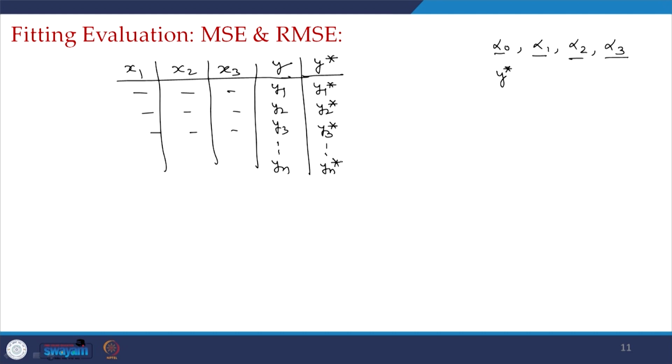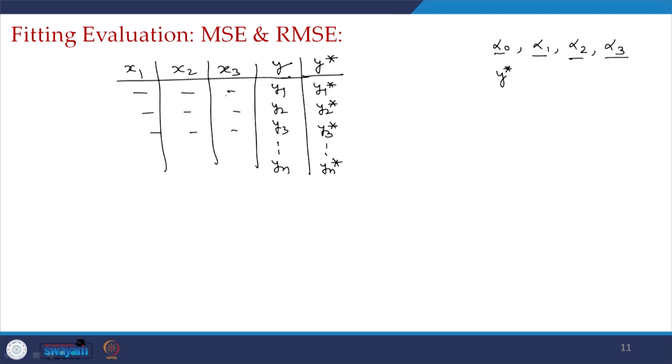So, if the fitted model is passing through any of the sample points, means any of the patterns, the y star value, or predicted value, will be the same as the actual value, otherwise there will be some error, and that error is called residual.